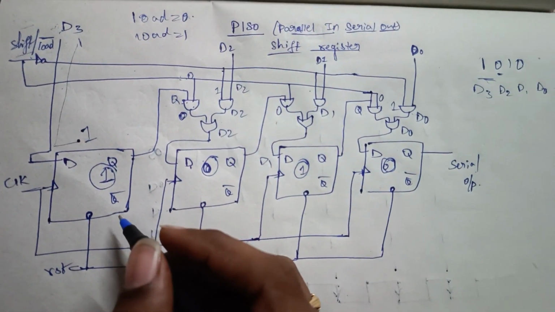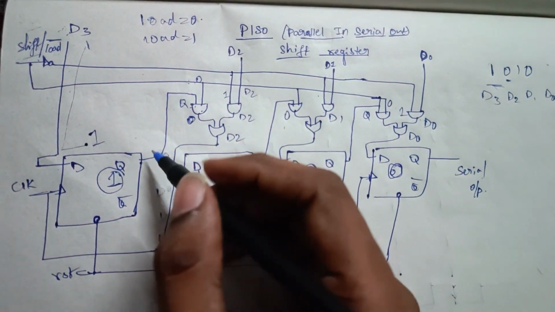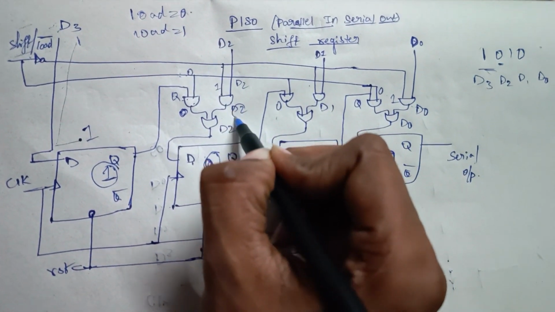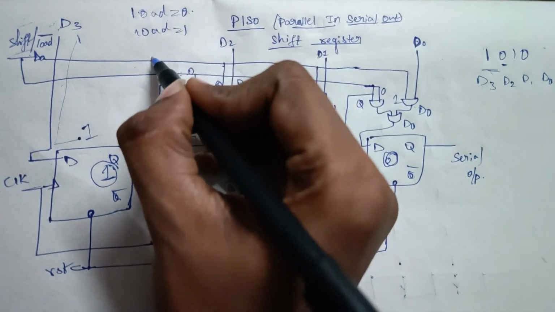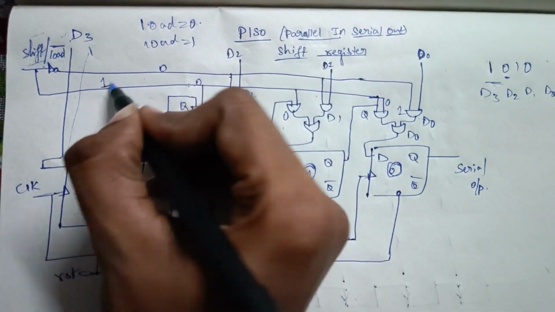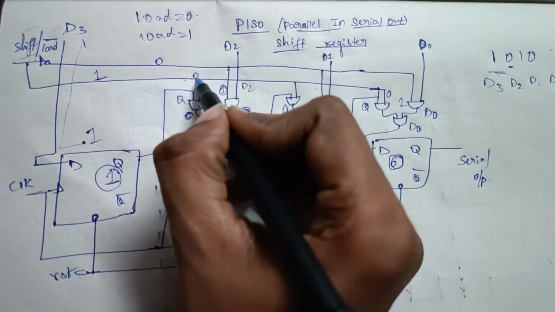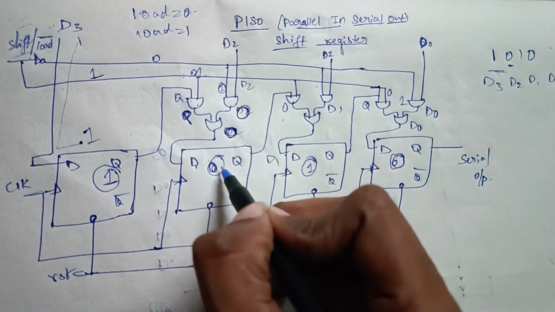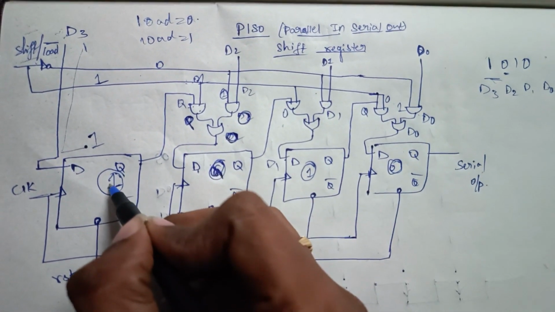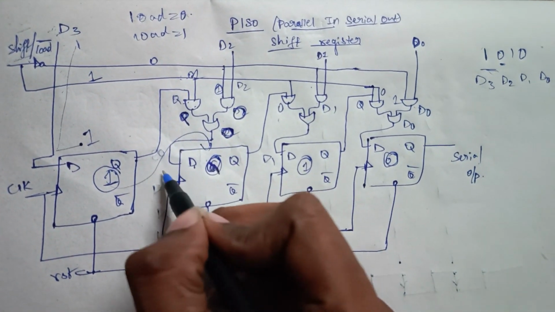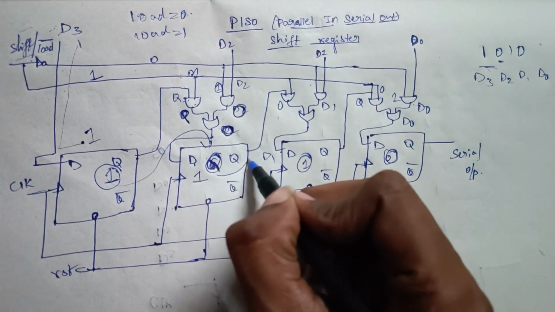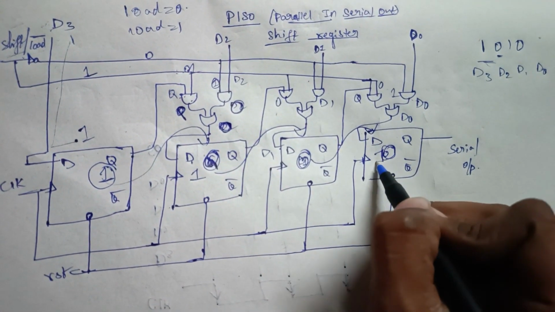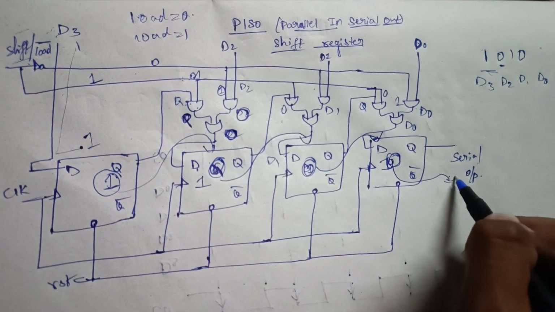If shift is equal to 1, here it will be 1, and here Q will be there, and here 0 will be there. Q plus 0, so Q will be the output, that means this 1 will be shifted to here. In a similar way it will be shifted on, and this 0 will come at the output.